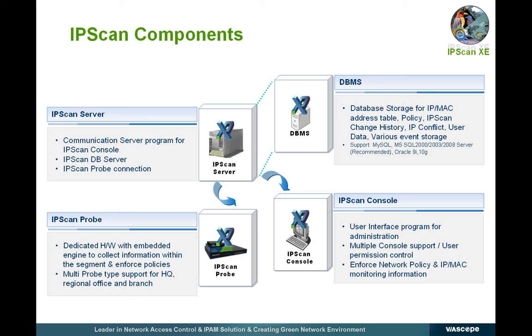Policies that are established using the IPScan console will be transferred to the probe through the IPScan server, and the probe performs blocking or protecting the IP or MAC addresses according to the applicable policies. If using its built-in DHCP server, the IPScan probe plays the role of DHCP server and assigns IP addresses.